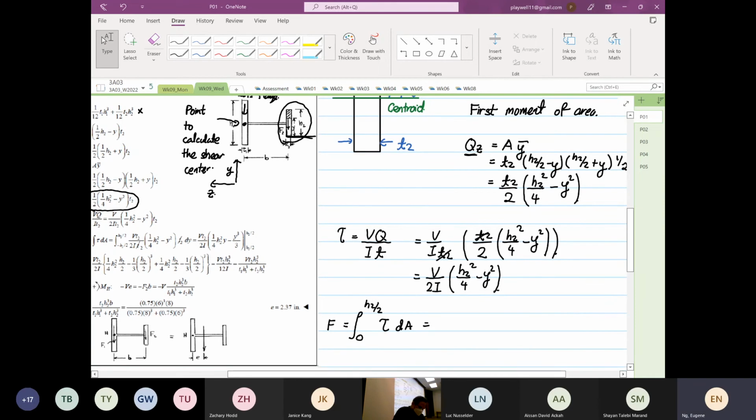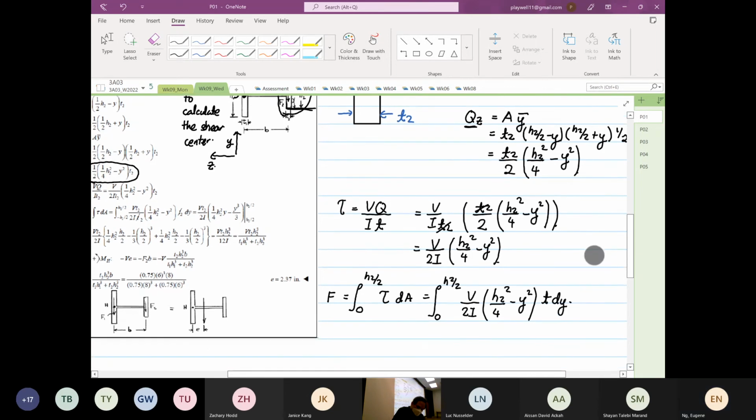So when you do this, you integrate from 0 to h2 over 2 of V over 2I times h2 squared over 4 minus y squared. The thickness of the cross-sectional area is a constant. The change is in the y. So now we tidy everything up. Okay, so it's V multiplied by, sorry, this is t2 over 2I.